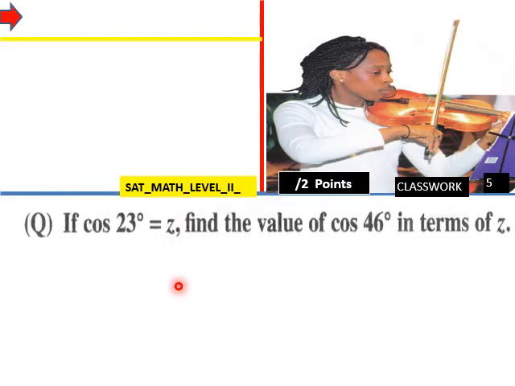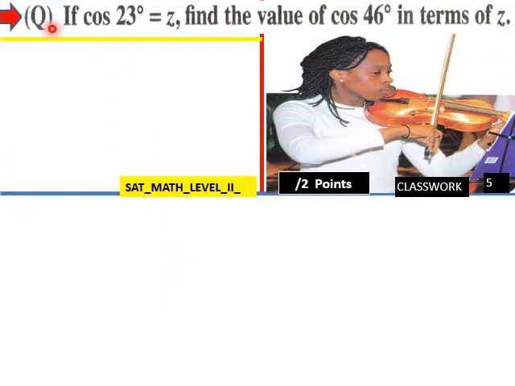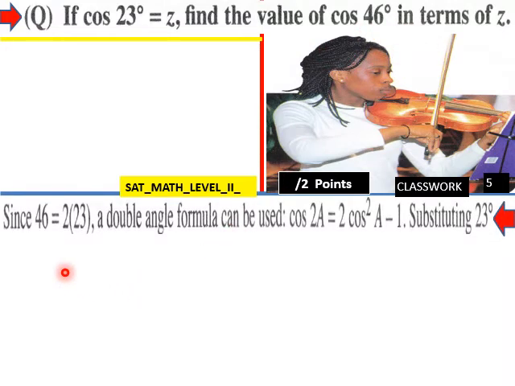So to get to that, Q: if cosine 23 degrees equals z, find the value of cosine 46 degrees in terms of z. Since 46 equals 2 times 23, a double angle formula can be used. Cosine 2a equals 2 times cosine squared a minus 1.